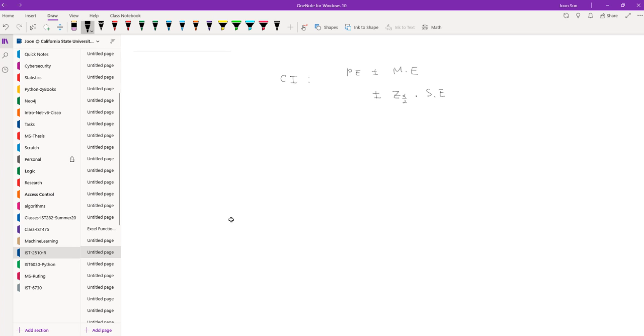Actually it is the estimate of the standard error, because we don't know the true population proportion. The standard error formula is the square root of p times 1 minus p over n, but we don't know the true p. By the way, we have a population, and from the population we take a sample.